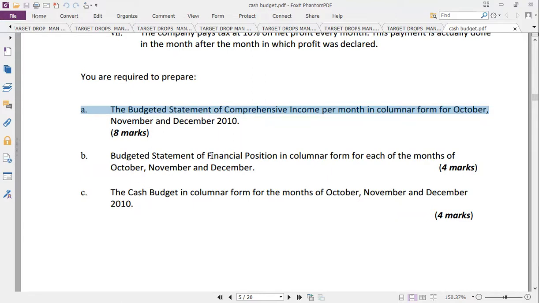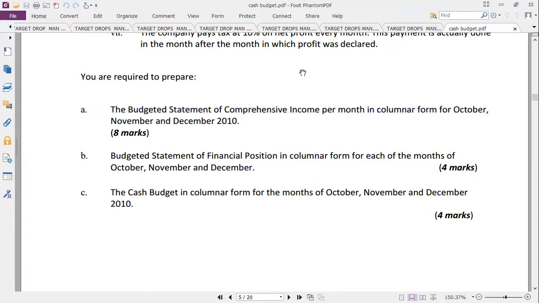B, the budgeted statement of financial position in columnar form for each of the months of October, November, and December. C, the cash budget in columnar form for the months of October, November, and December.